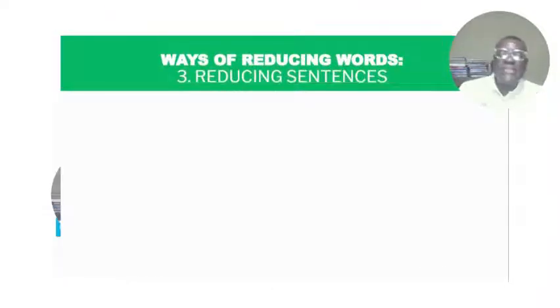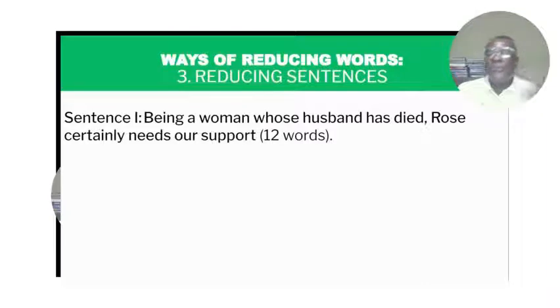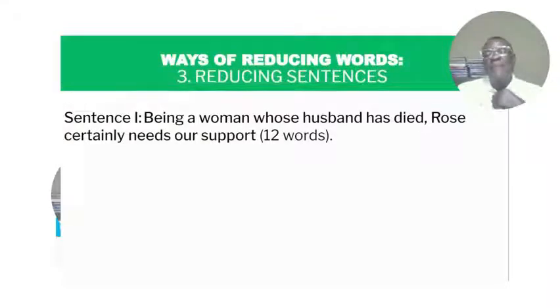All right, method number 3, reducing sentences. We just reduce the volume of the sentence. Okay, and this is how we do it. Sentence number 1: being a woman whose husband has died, Rose certainly needs our support. Here we have to have a large active vocabulary.